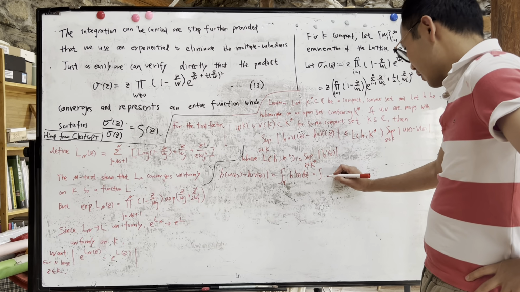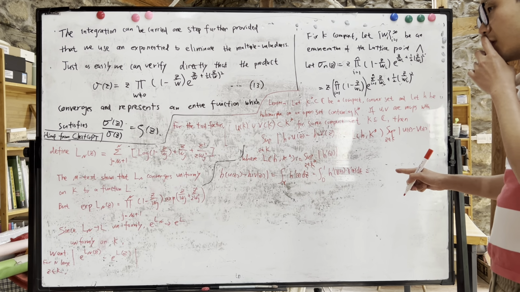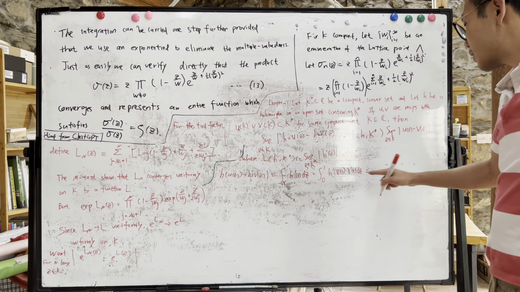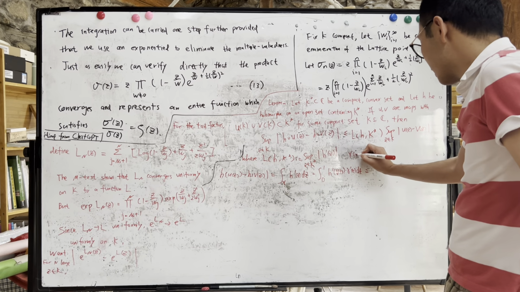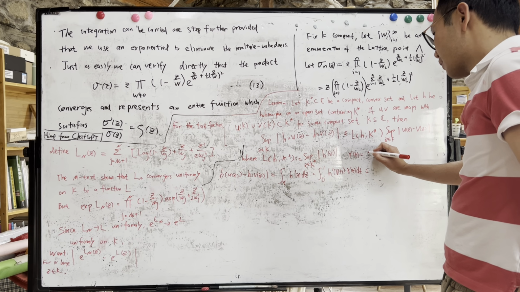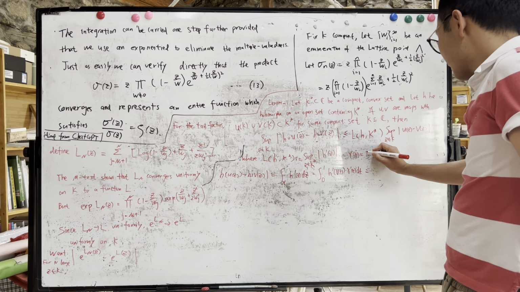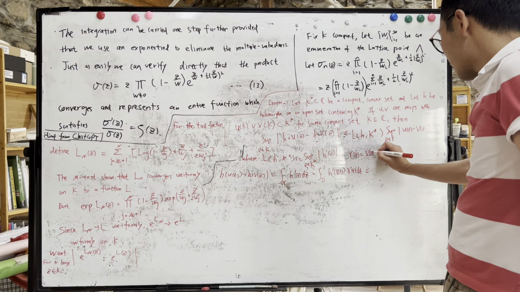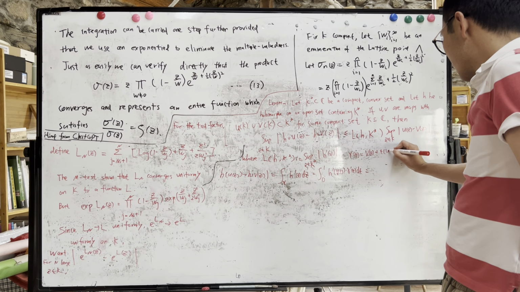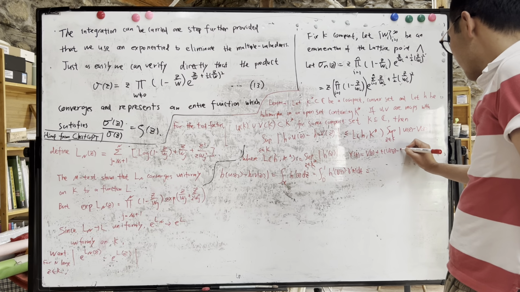Where gamma t is basically equal to V z plus t times U z minus V z.